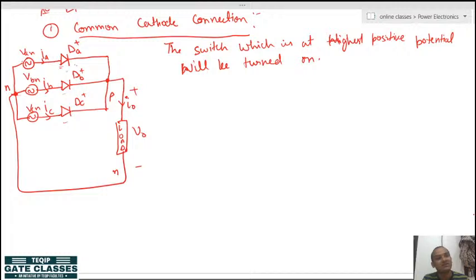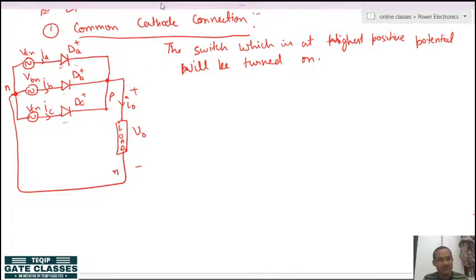Otherwise we always have to see the line voltage across the switch. Whichever switch has the most positive line voltage across it will get turned on.